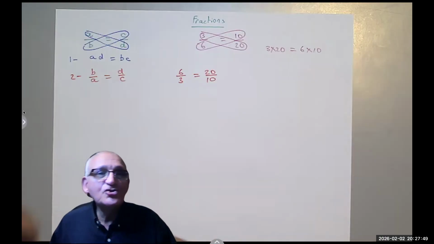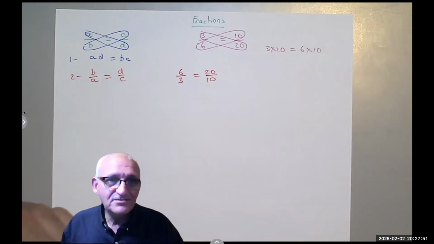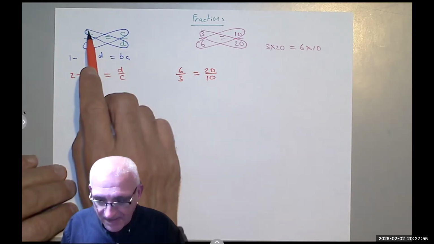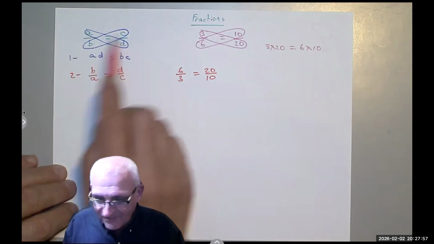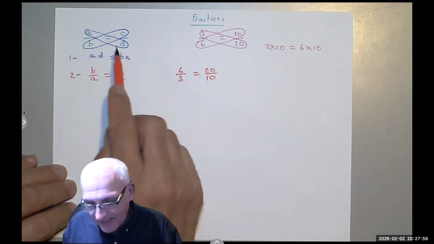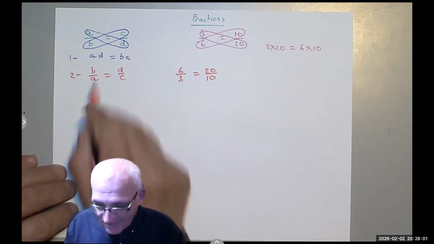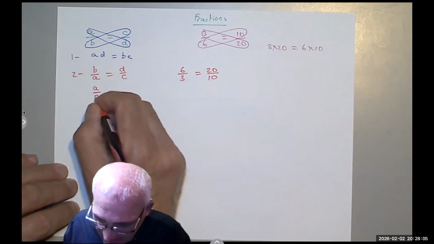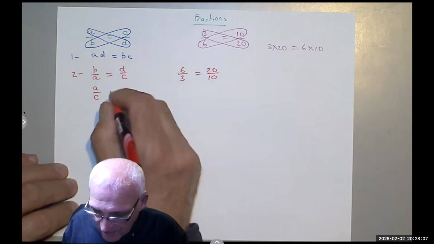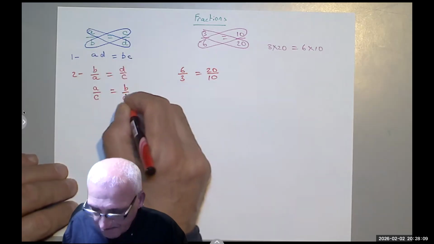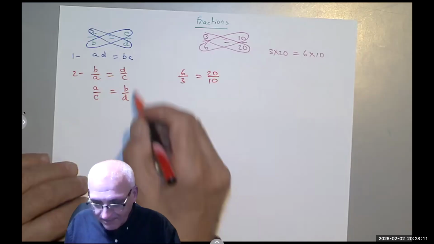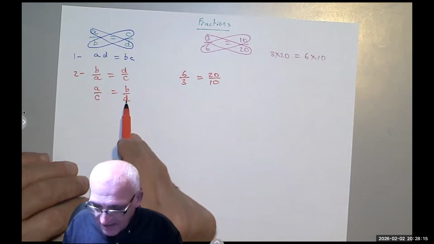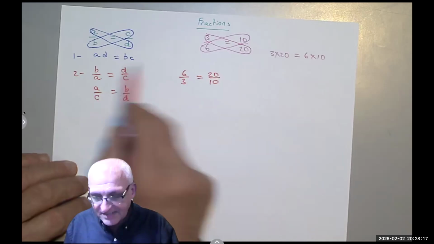But you can also find other relationships. For example, if I divide the top left by right and divide the bottom left by right, I get the same thing. So I can rewrite this as A over C equals B over D. Notice that if you use the butterfly, you will get A times D equals B times C, but that's exactly what we said here.